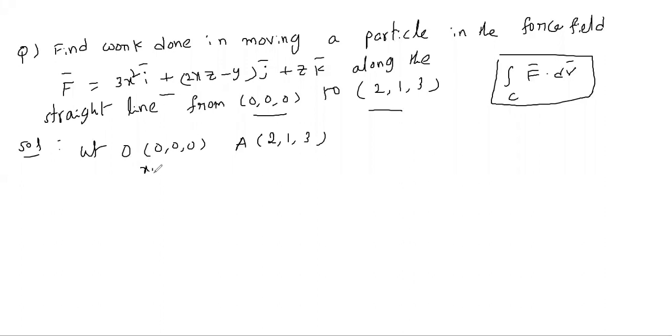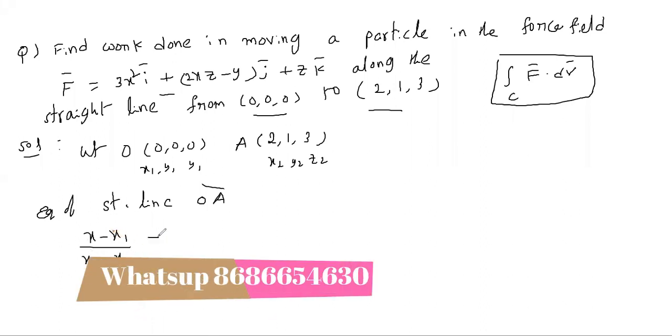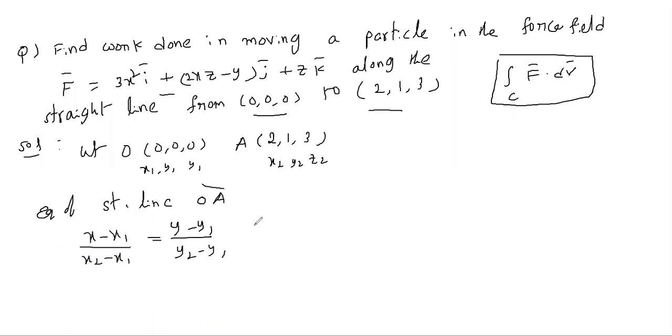Assume these are (x1, y1, z1) and (x2, y2, z2). Equation of straight line OA: what is the formula? (x minus x1) by (x2 minus x1), (y minus y1) by (y2 minus y1), (z minus z1) by (z2 minus z1). So substitute the values.